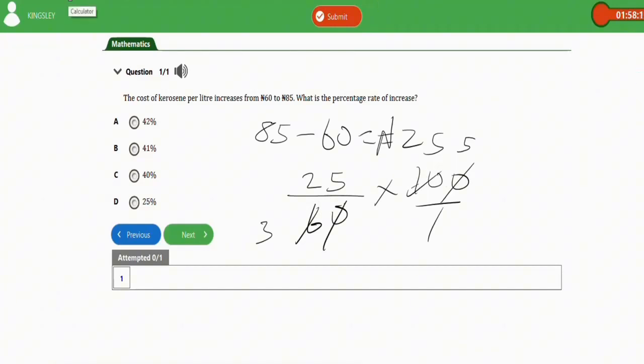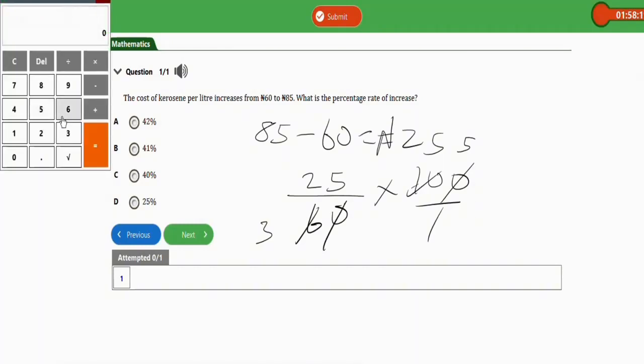We have 25 times 5, okay, 125 divided by 3, which will give us 41.6%. So when you approximate this to the nearest whole number, you're going to have 42%.